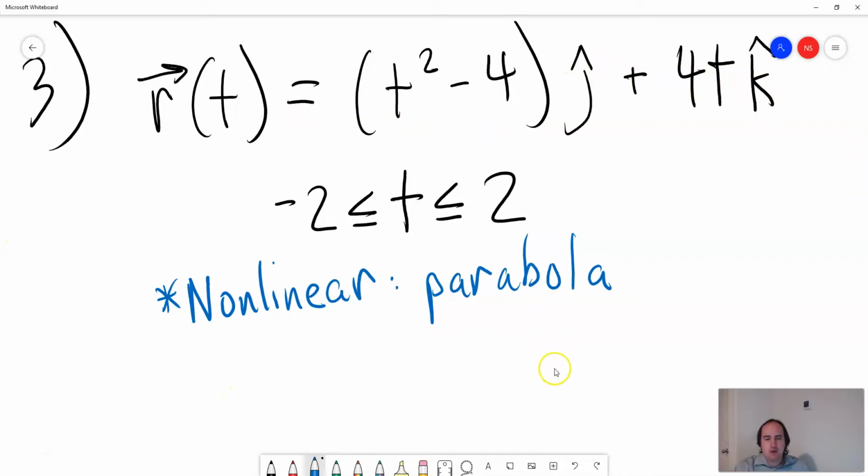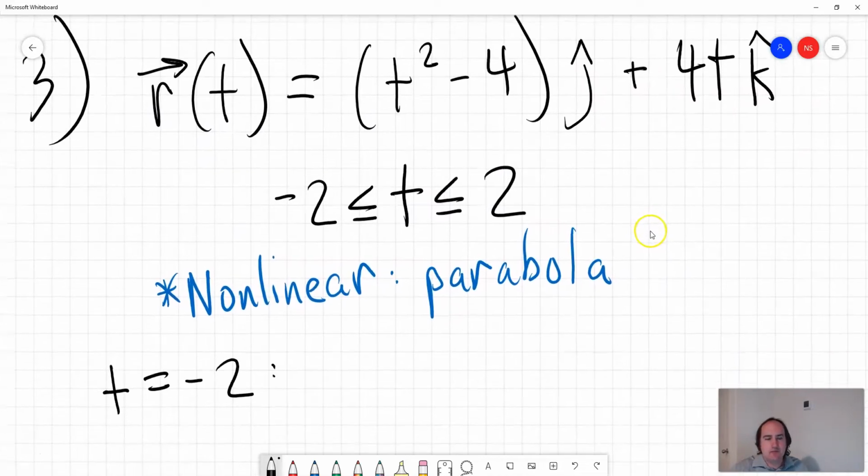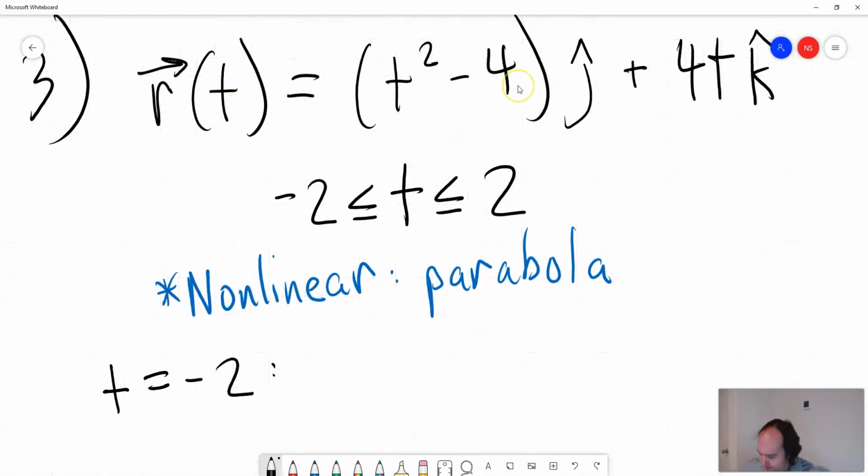Okay, so let's plot some points, starting with t equals -2. Okay, when t equals -2, plugging into this function, we get r of -2 equals -2 squared, which is 4, minus 4 is 0j.